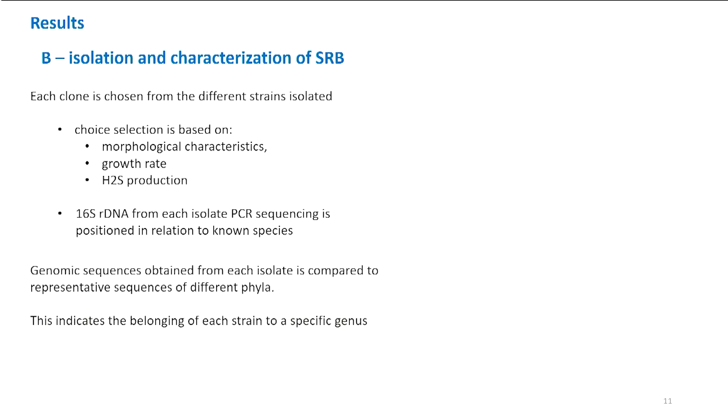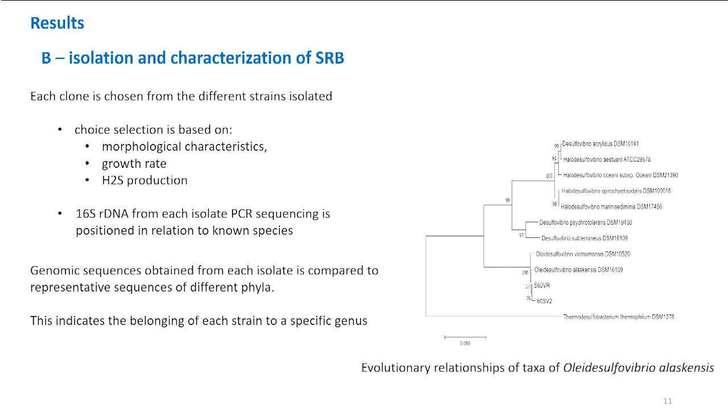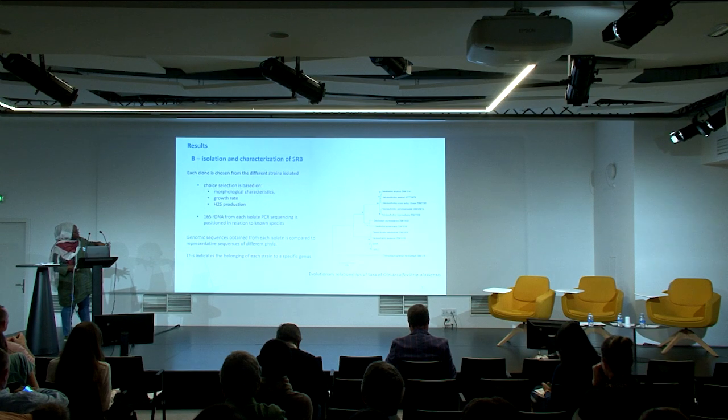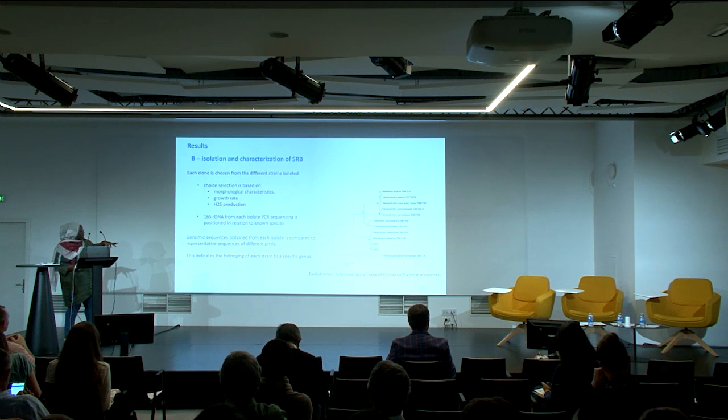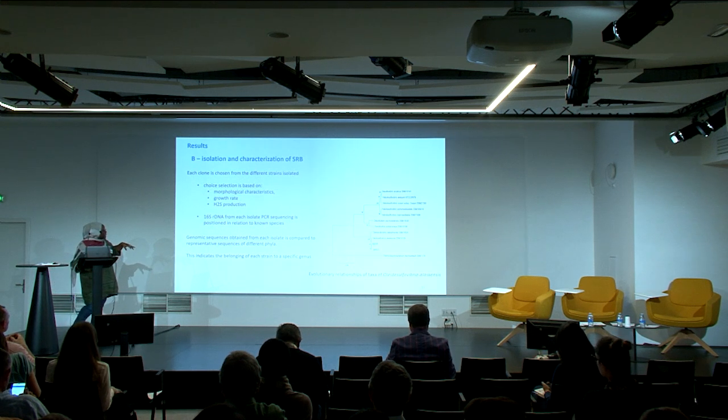And for the DNA extraction of isolates, we compare our strain or our species with the known species already described on the internet. So this is an example of an SRB strain we isolated from our results.